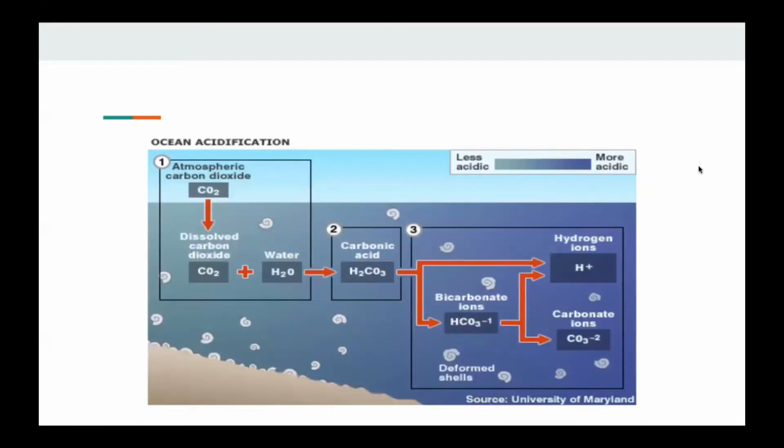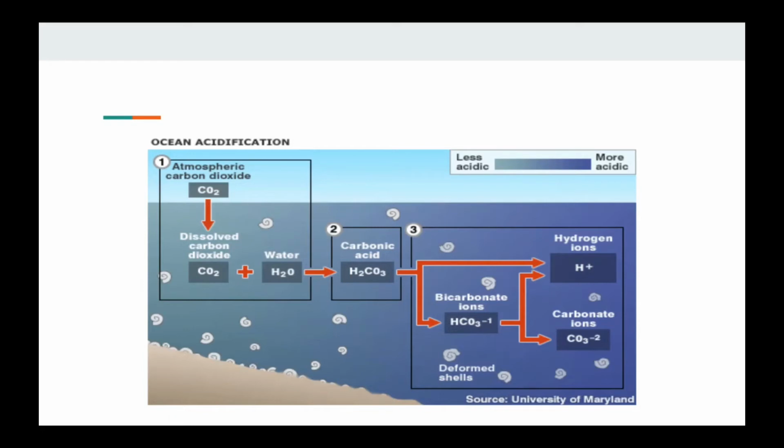Here we have a picture of ocean acidification. And so let's look at number 1. Here we can see carbon dioxide from the atmosphere dissolving into the ocean. This then causes a chemical reaction, and the dissolved CO2 and the water build up into carbonic acids, and these then result in many more dangerous molecules.